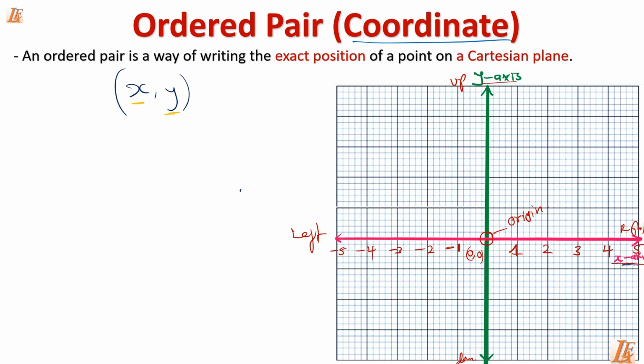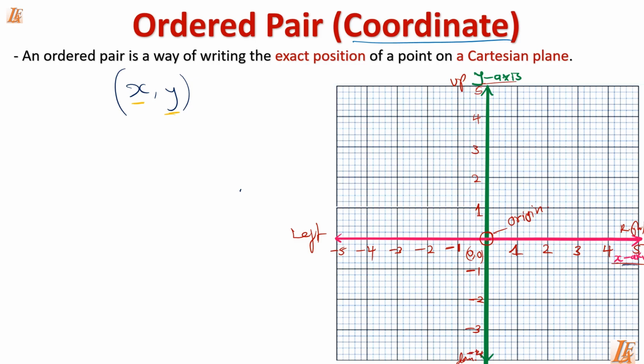On the same origin, with the number line running up and down on the y-axis, if you move up, you move to the positive side. So you move to 1, 2, 3, 4, and 5. And if you move from this origin downwards on the y-axis, then you move to the negative side. So -1, -2, -3, and -4.